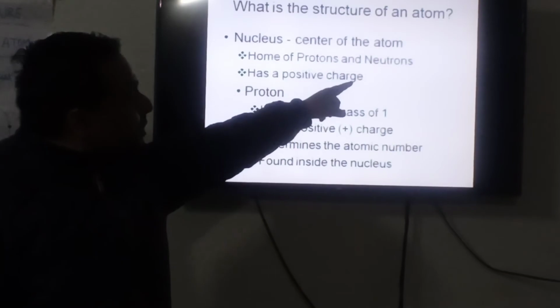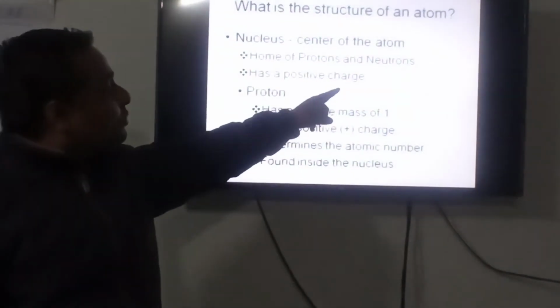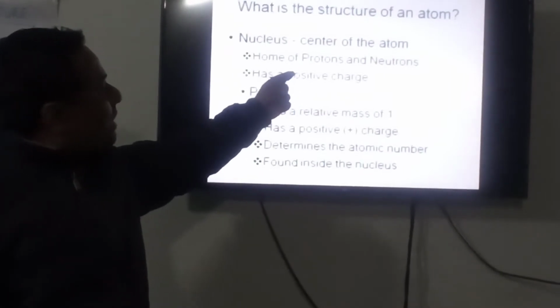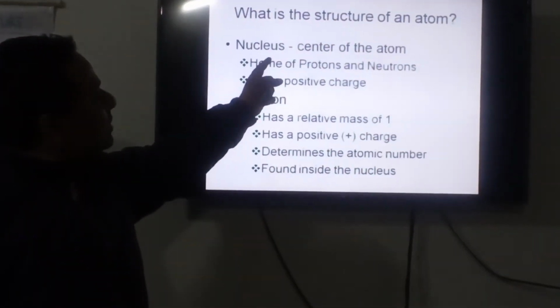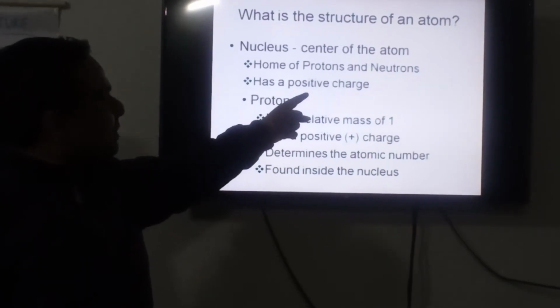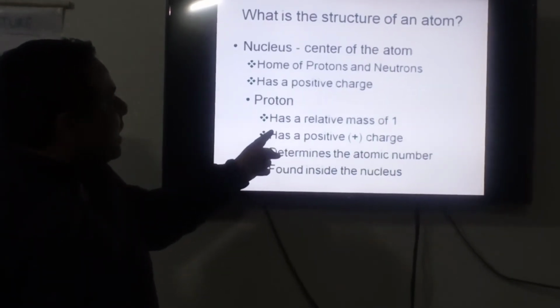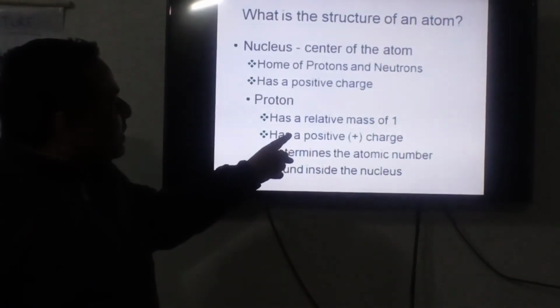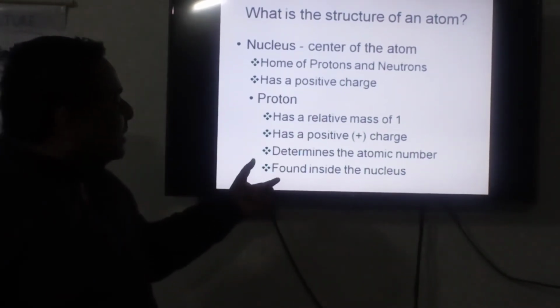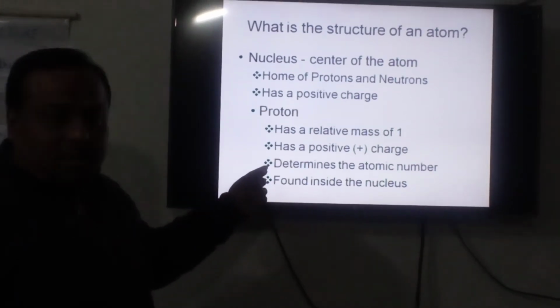Since neutrons are neutral, the charge of the protons makes the nucleus positively charged. Protons have a relative mass of 1, have a positive charge, determine the atomic number, and are found inside the nucleus.